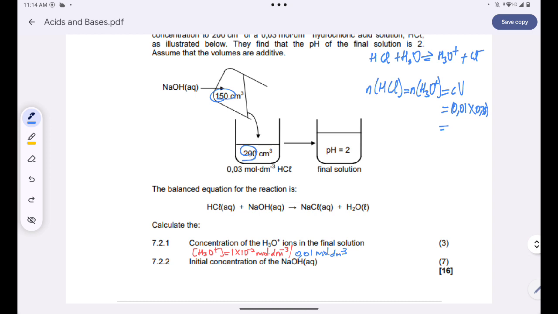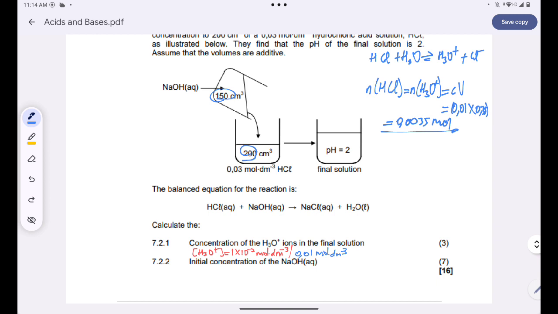So I have 0.01 multiplied by 0.35. The number of moles for the acid in excess is 0.0035 moles. Are you together?